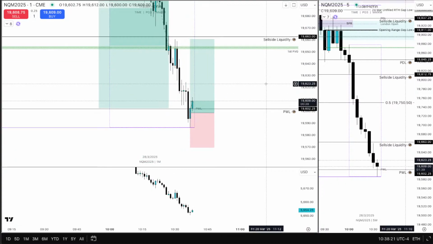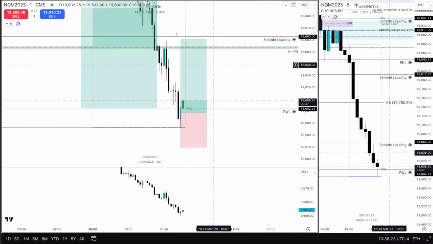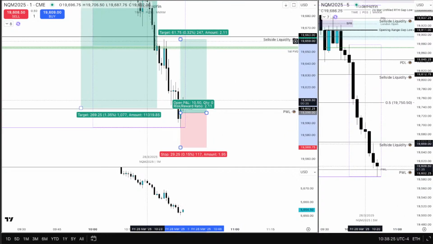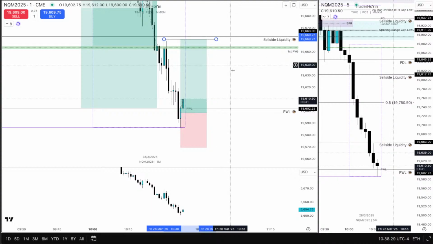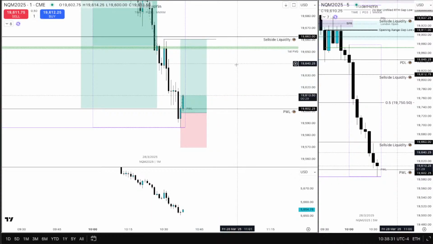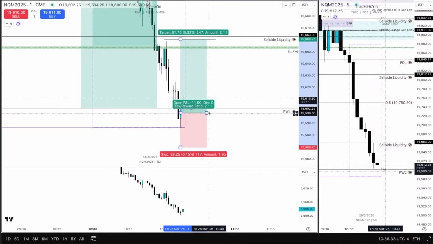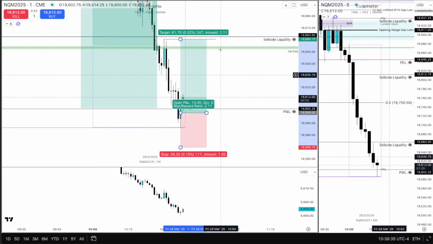It's the risk you can take, so go for it. Look, the target is there. It's not impossible, it's still doable. It's a 2R trade, 60 points.